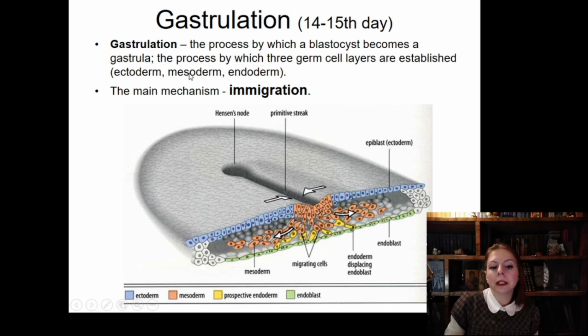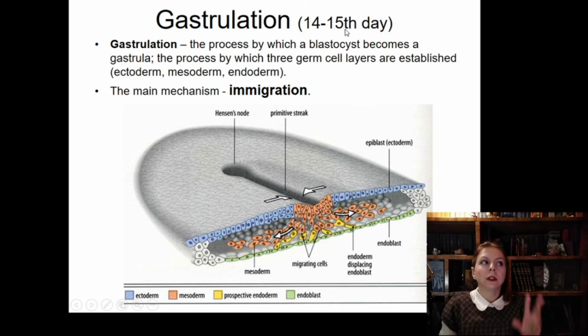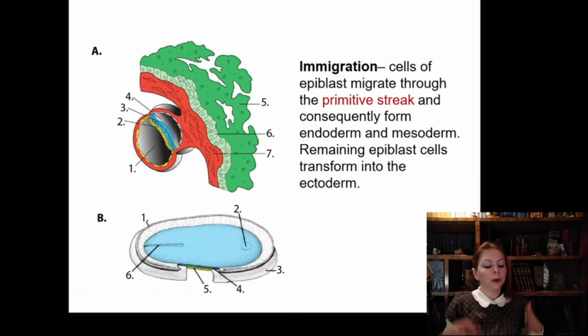So now it contains the 3 germ layers. And in humans we have the key mechanism to create those 3 layers, and it is called immigration. We are going to discuss this a little bit later. Now please remember that it occurs nearly on the 14th, 15th day of development. So let's imagine how it is realized.